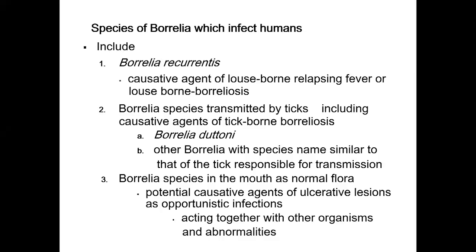This could occur in association with other factors like trauma, malnutrition, or they could act together with other organisms, maybe with some strict anaerobes, to produce some ulcerative lesions in the mouth.